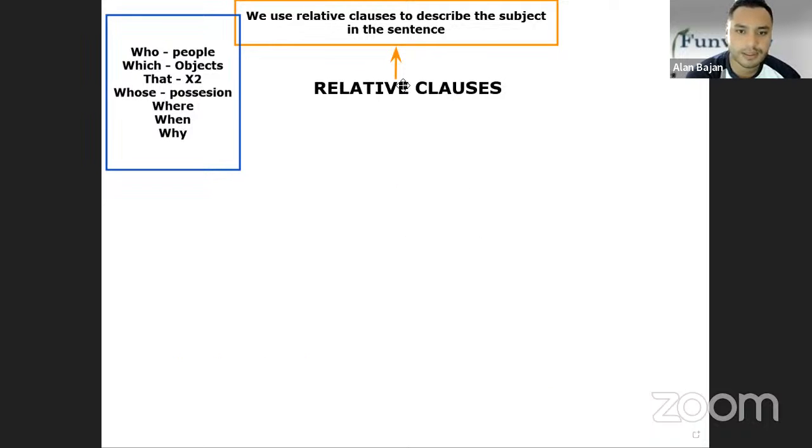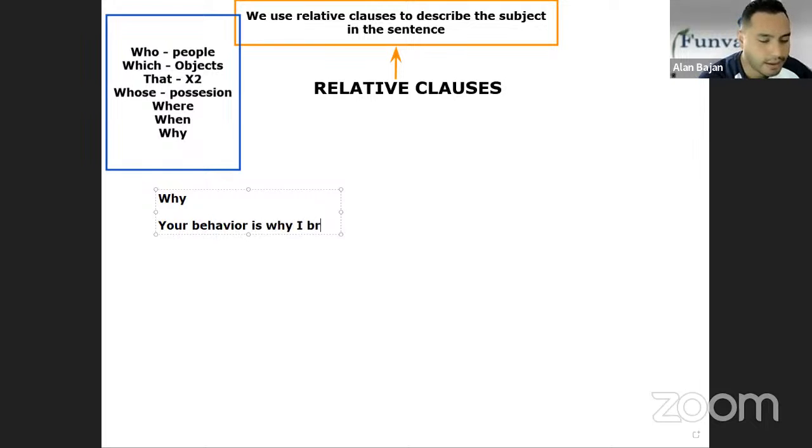This, and this. Okay, let's create some examples. Why? How can we use why in a sentence? For defining clauses: your behavior is why I broke up with you.